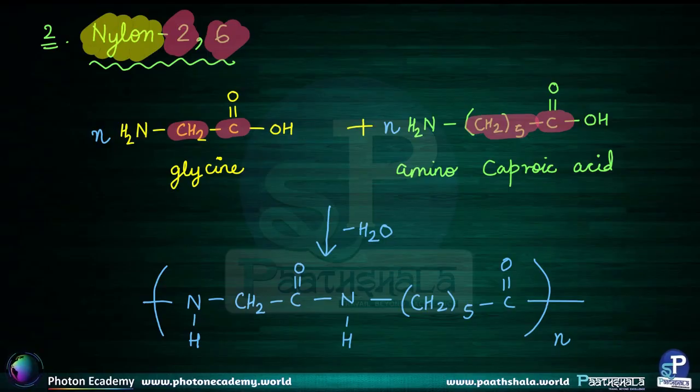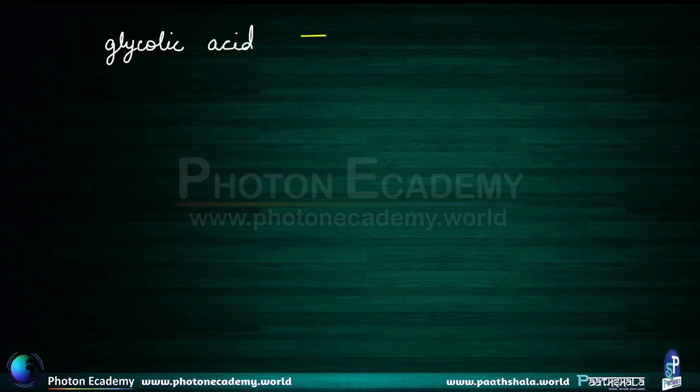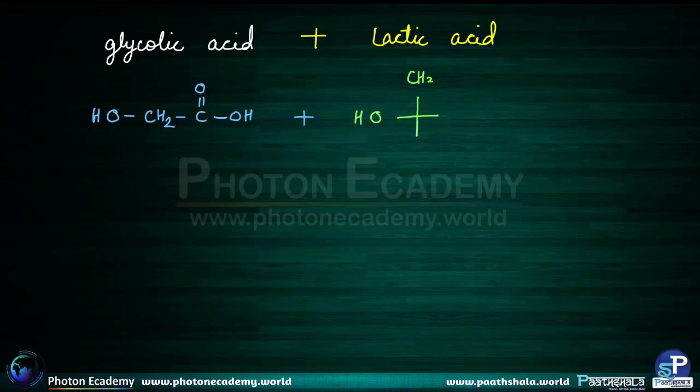Now the last one that we have is glycolic acid combining with another monomer that is lactic acid. So both of them are combining. Now glycolic acid is represented as OH, CH2, C double bond O, OH. And lactic acid is represented as OH, CH3, H, C double bond O, OH.